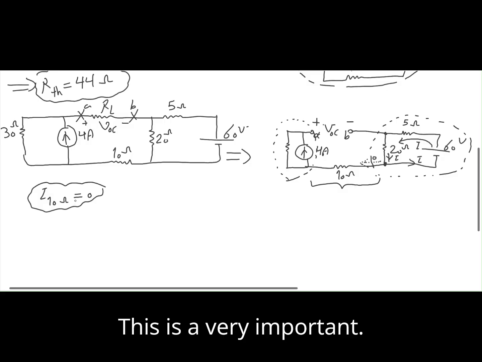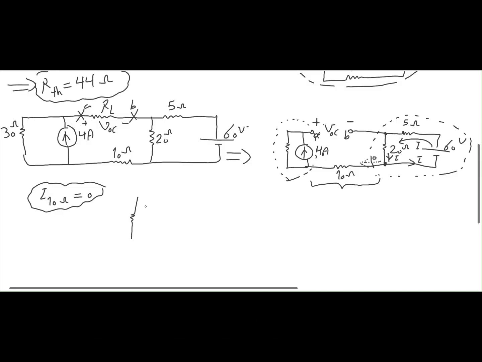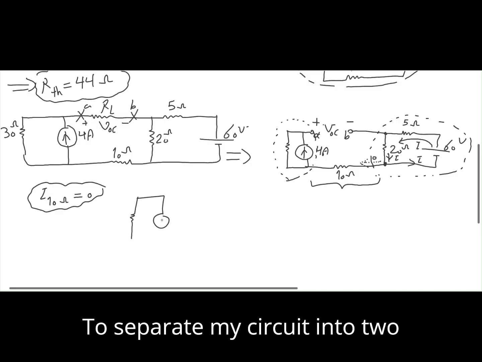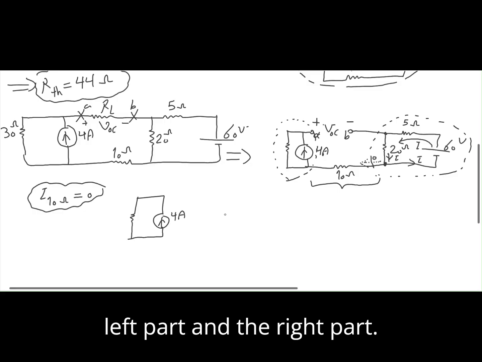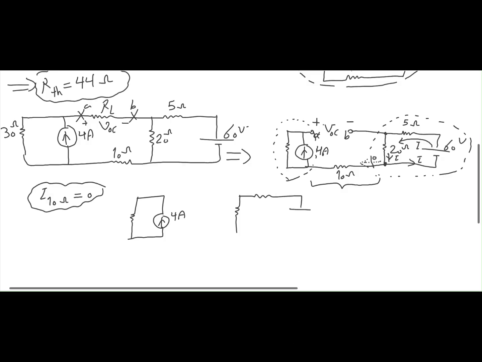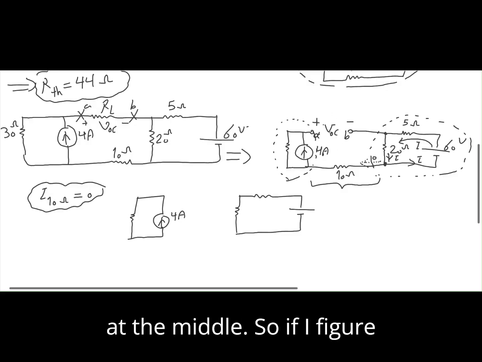This is a very important result because it helps me now to separate my circuit into two parts, the left part and the right part. And I know VOC is here at the middle.